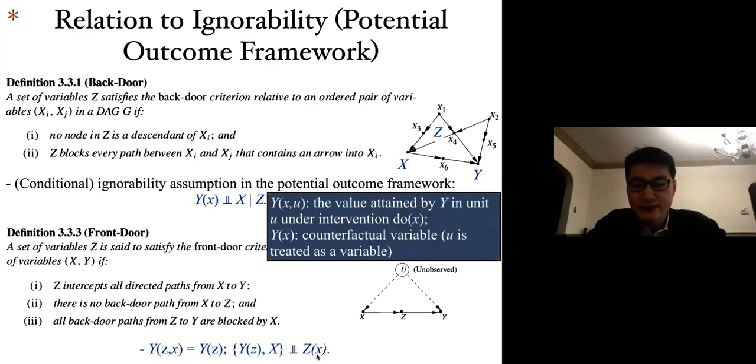And then what does this mean? This is the second condition. Remember, Y small x is the causal mechanism right here. The causal mechanism from Z to Y is one part of this set of random variables.